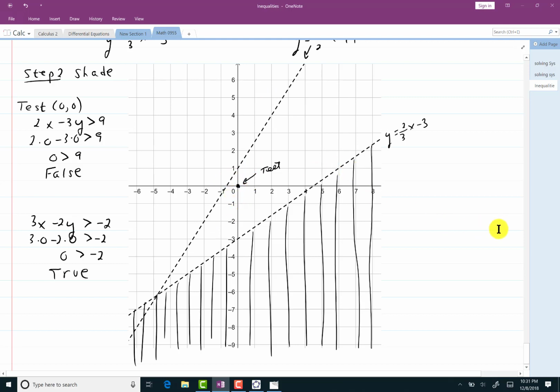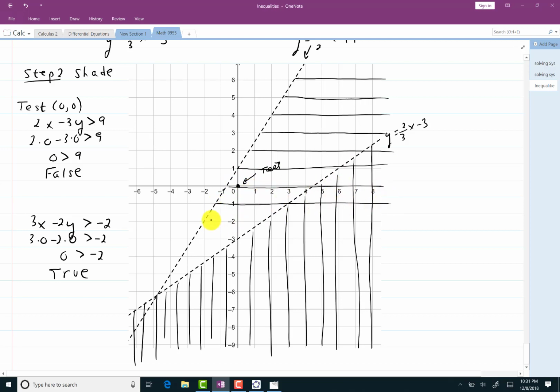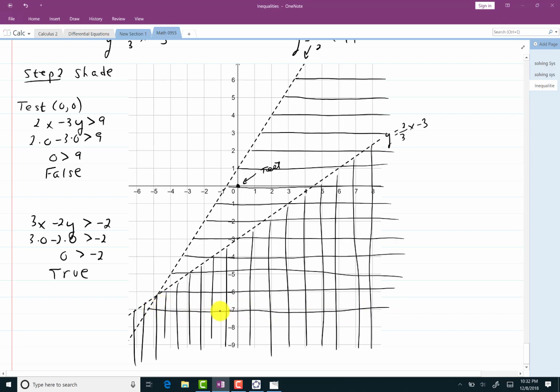So what I'll do is I will do horizontal shadings this time. And then I'm just going to look for where I see the double hatching. That will be my solution set. And right here, I got to remember which line I'm actually working with.